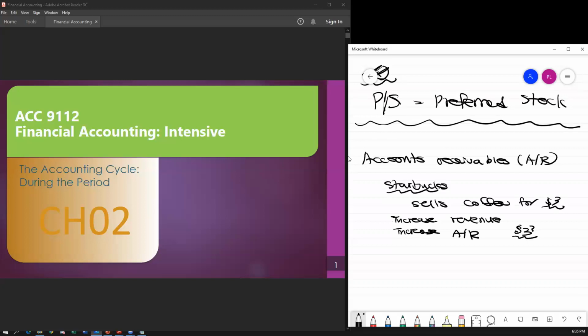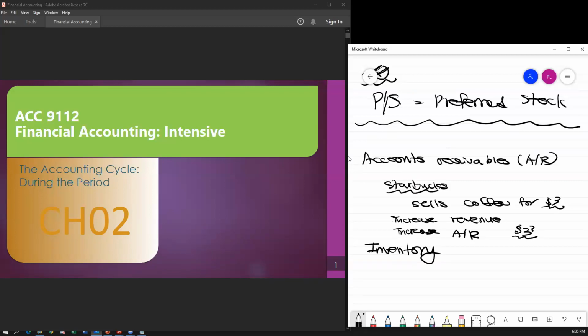Okay, another item that I want to talk about is inventory. Inventory is very easy. For example, for Apple, iPhones are inventory. For Walmart, it's all sorts of things like computers and food, all reported under inventory items. So it's something that you sell to customers in exchange for money.